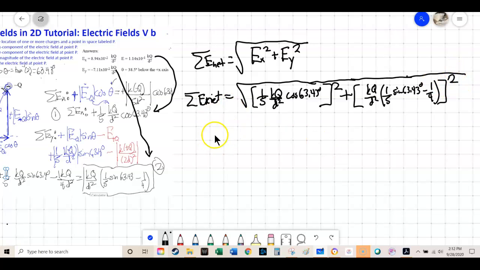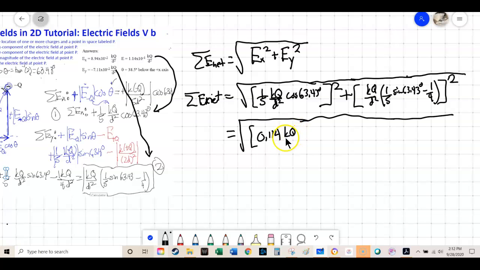So really, inside this bracket, the x direction is going to be 0.114 kq over d squared.